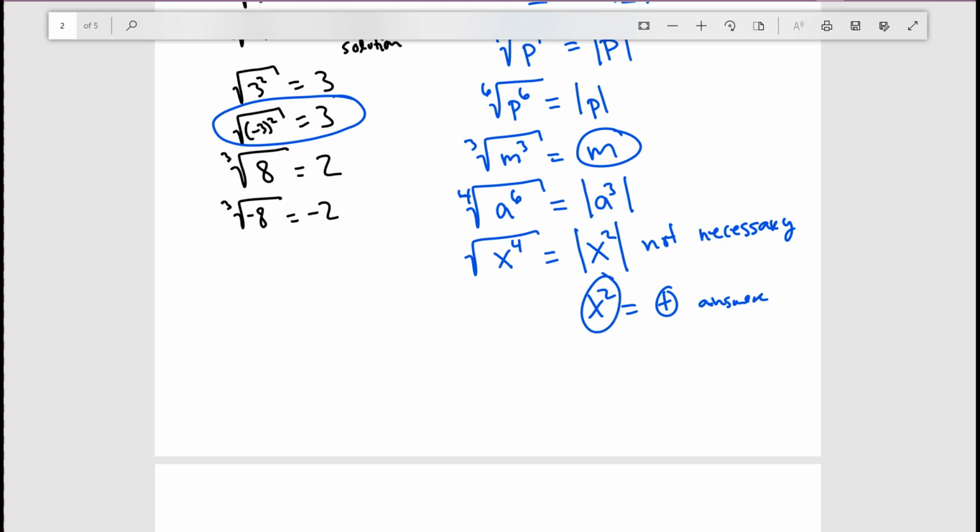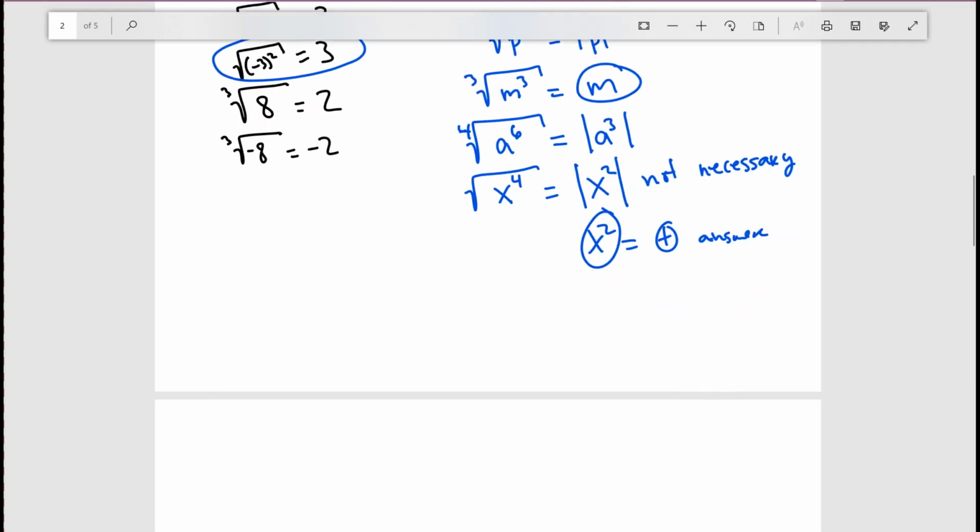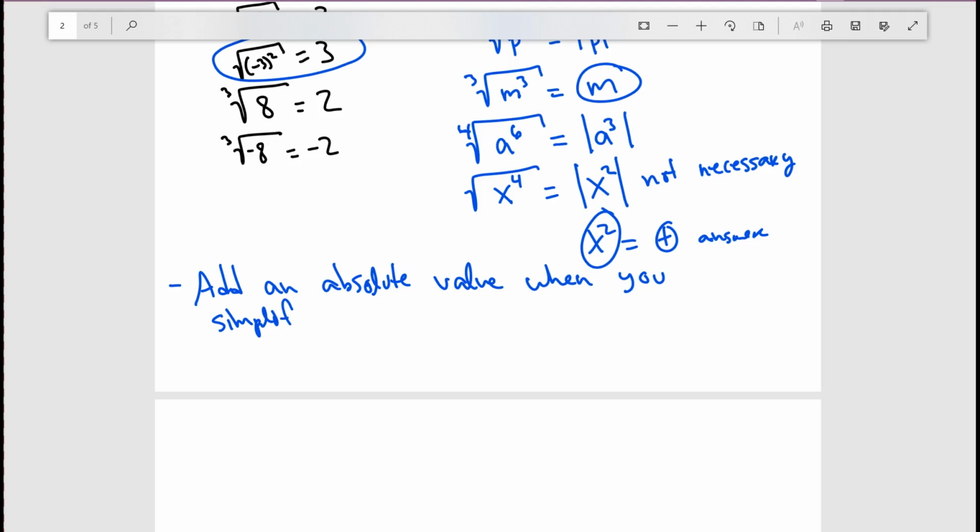Okay, so basically all we just want to know is that you add an absolute value when you simplify even roots with variables, okay?